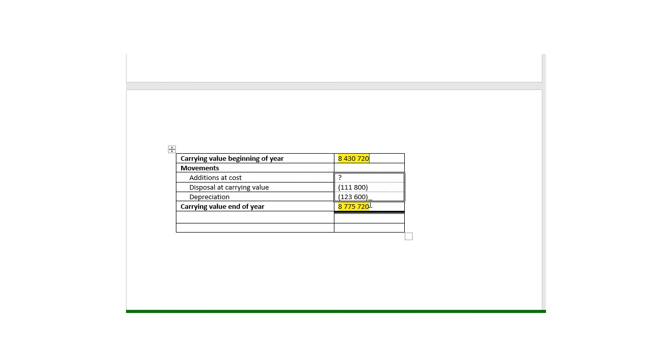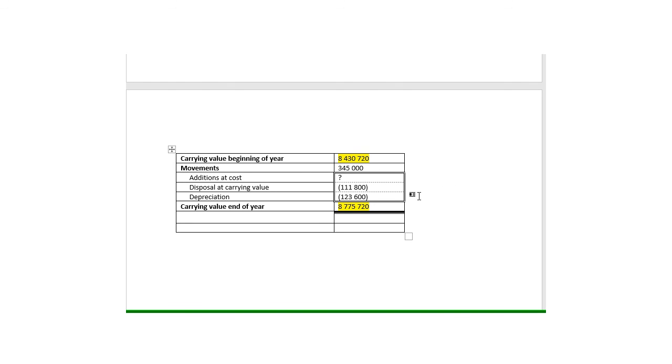So to work back, take the answer and do the opposite. So 8,775,720 minus 8,430,720 gives me 345,000. Good.